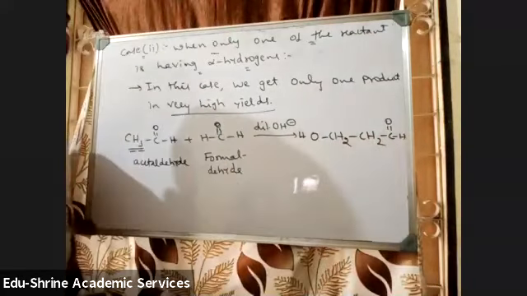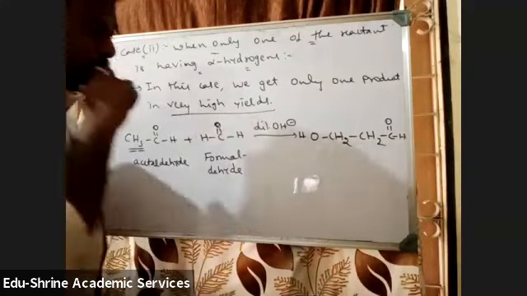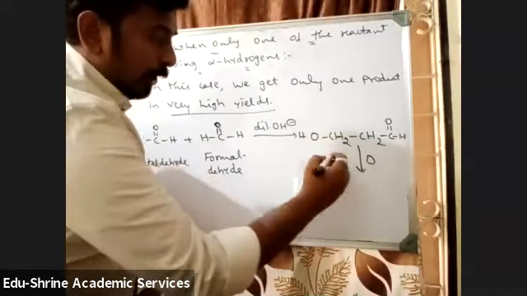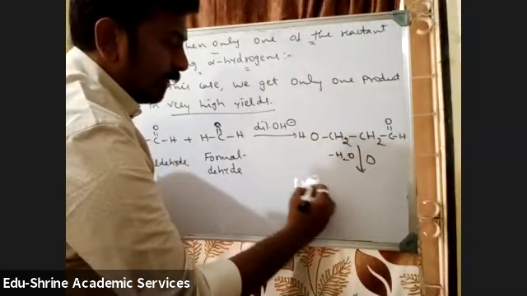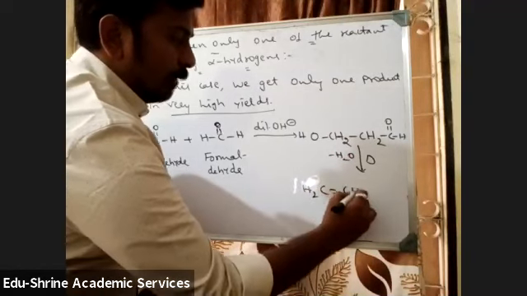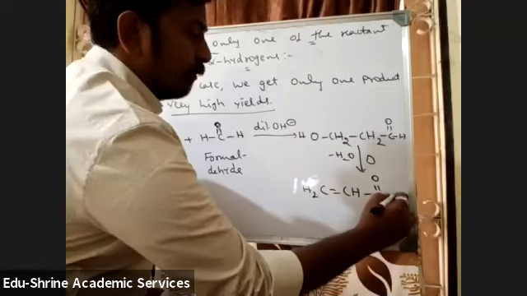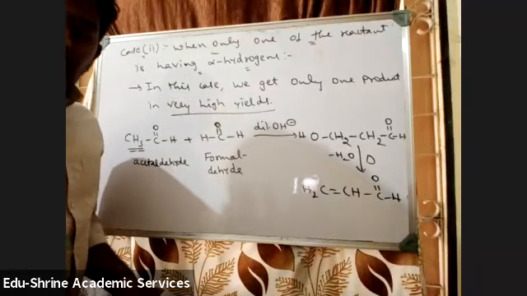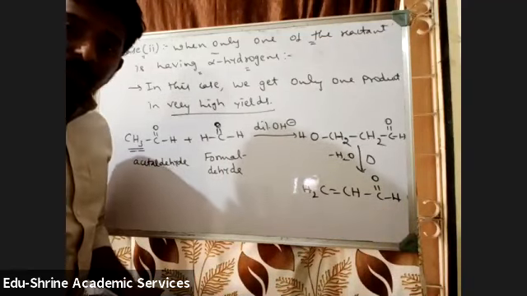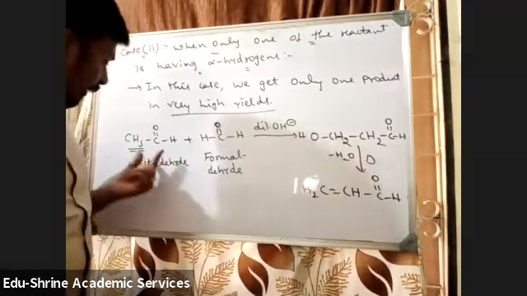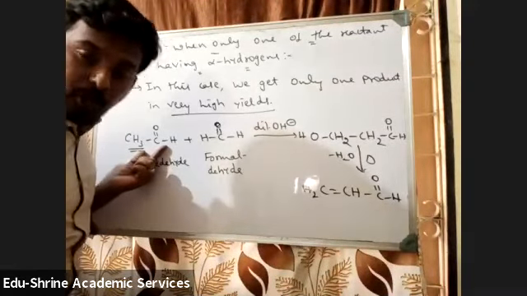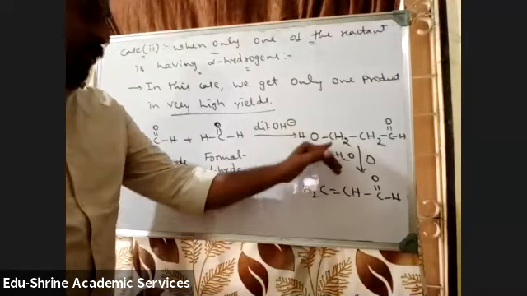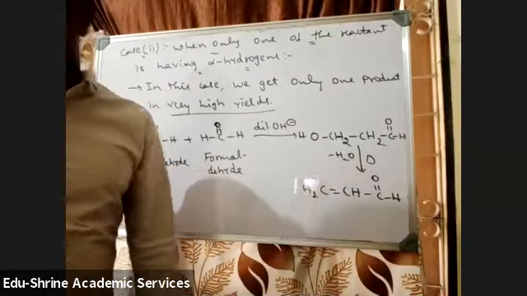That's it. Now further if you heat this, a water molecule will be lost and you can get CH2 double bond CH, C double bond OH. Understood the reaction, students? You can get one more product when 2 moles of this are undergoing reaction also, but that will be in very, very lesser quantities. So this product will be the major.